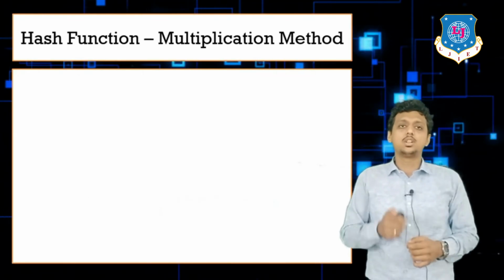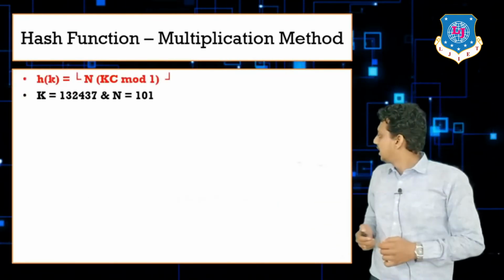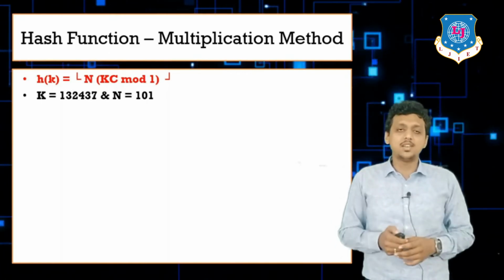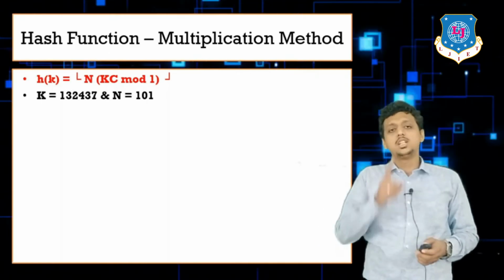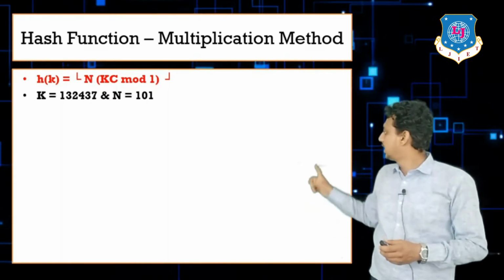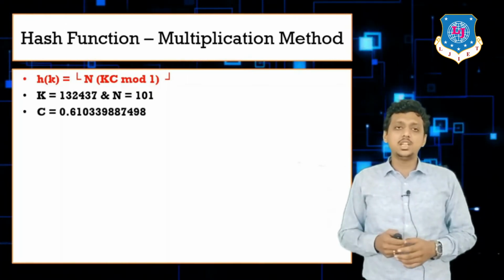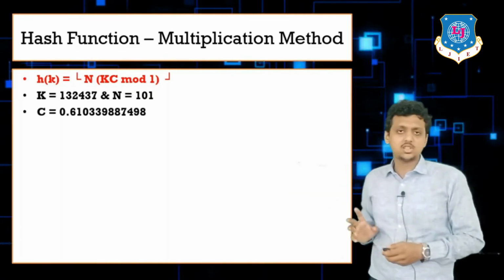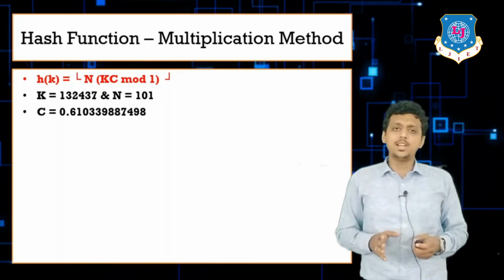Let's see how. Take an example where k is equal to 132437 and n is equal to 101. First I need to compute k times c. Here the value of c is given as 0.610339..., a constant value.